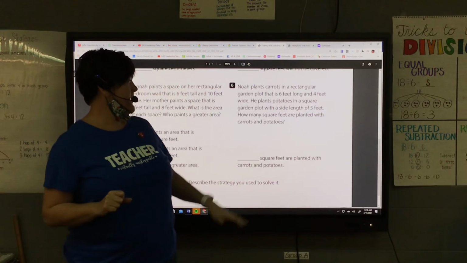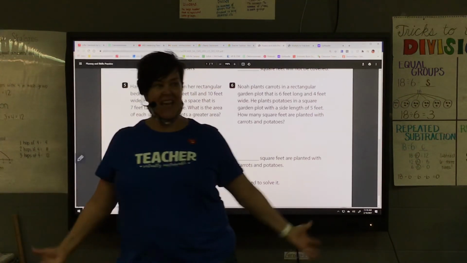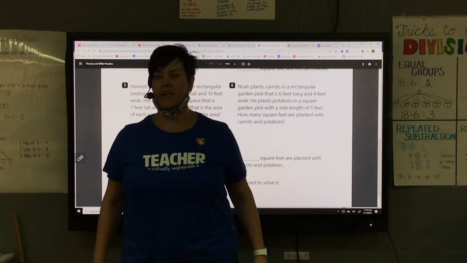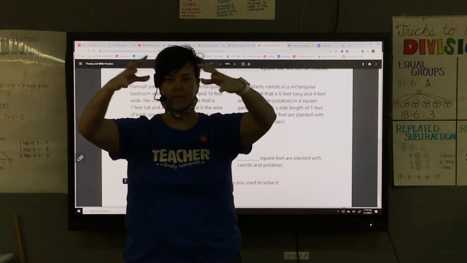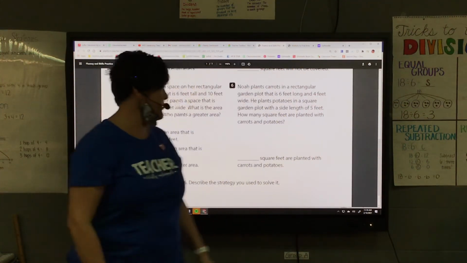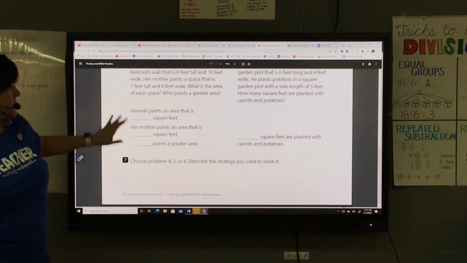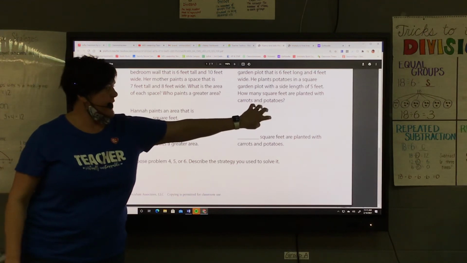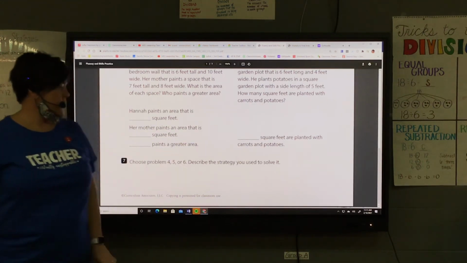They want to know how many square feet are planted with carrots and potatoes. So after we solve for the area of those, what are we going to do with them? Bingo, good job. And you're showing your work here, and then you're going to write your answer on that line.